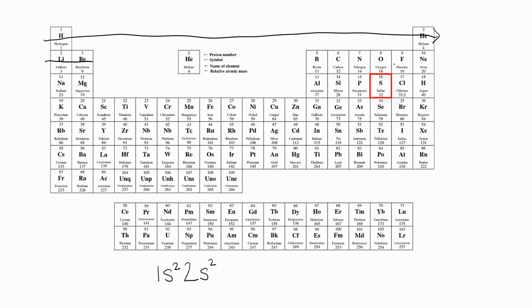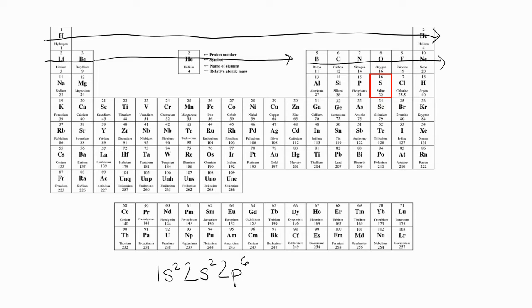And then this is the P block, remember? So we're going to just go right across, and we filled up the P orbitals as well. So that's 2p. And hopefully you remember that if it's a full p orbital situation, that's 6 electrons. But if you forget, you can just count the number of elements here. So 1, 2, 3, 4, 5, 6. So we filled up all of those, and we did 2p6.